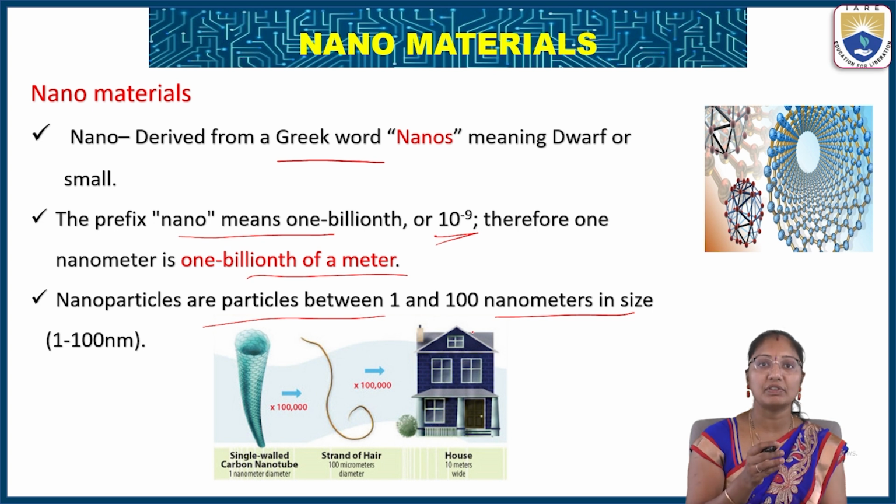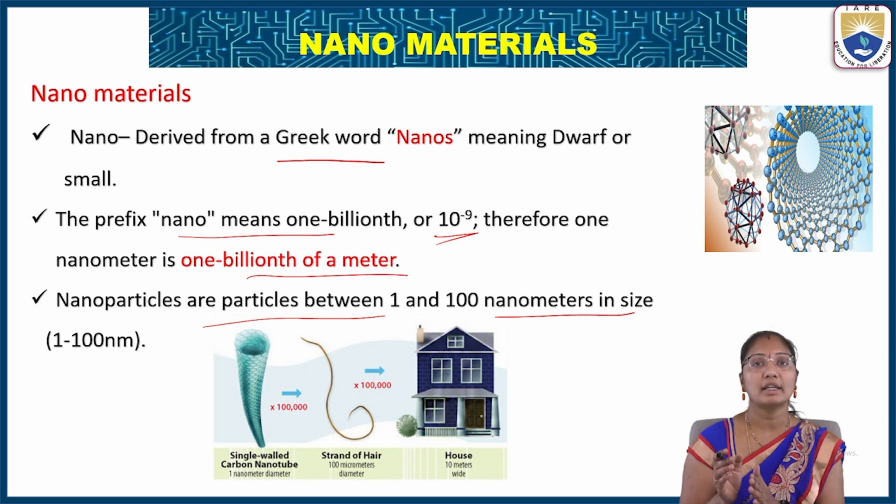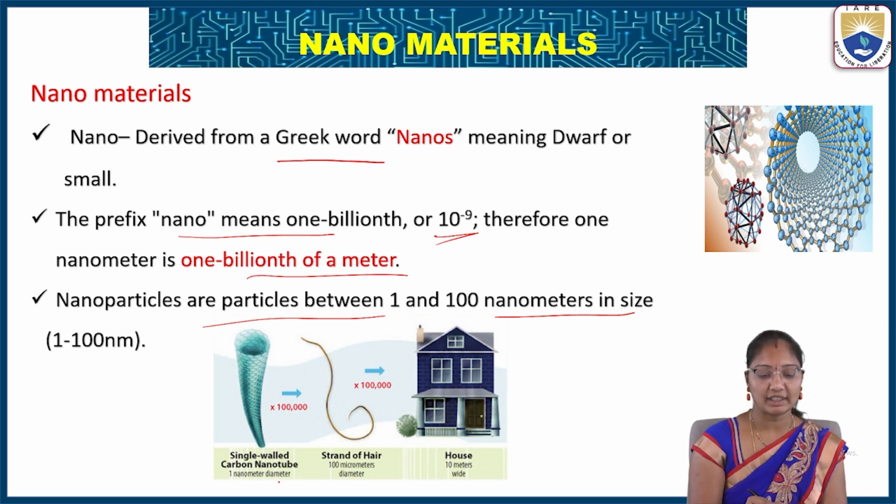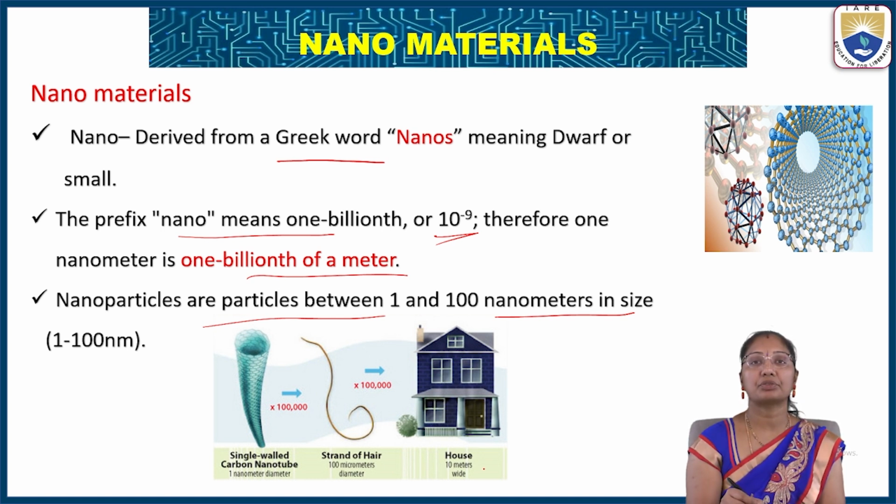If we take a single walled carbon nanotube, 1 lakh of them make up the width of a human hair strand. Then 1 lakh hair strands is equal to 10 meters wide, like a house. So these are the nanoparticles. They are very small in size.